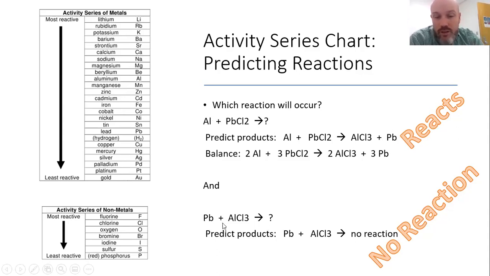But since lead is less reactive than aluminum, if lead encounters aluminum chloride, there will not be a chemical reaction. So again, this chart is pretty easy to use. If an element is higher than another element, then it's going to replace that in a chemical compound.